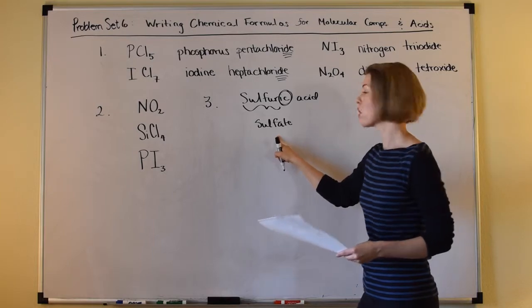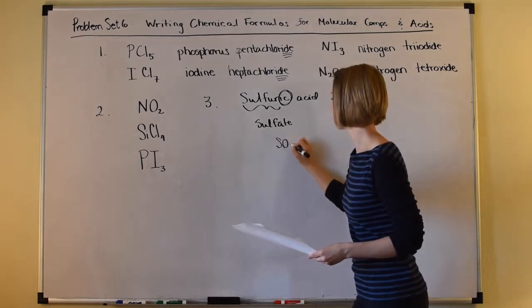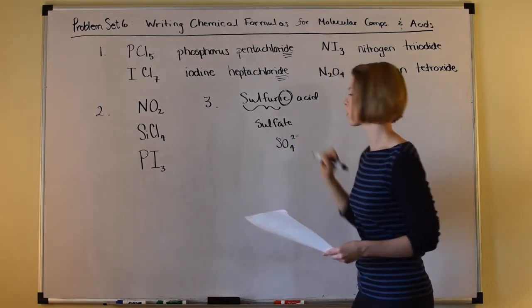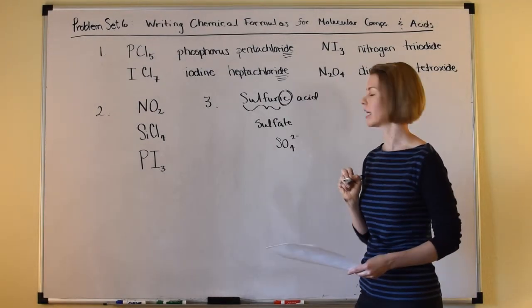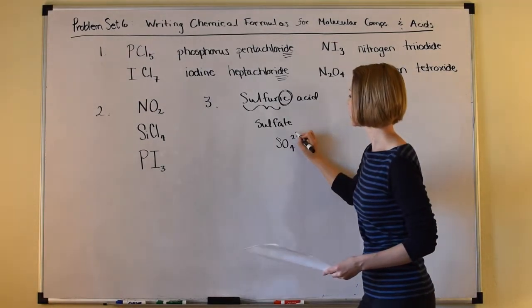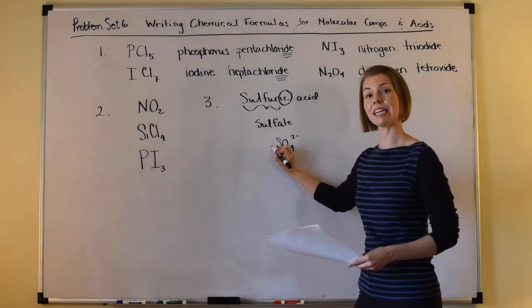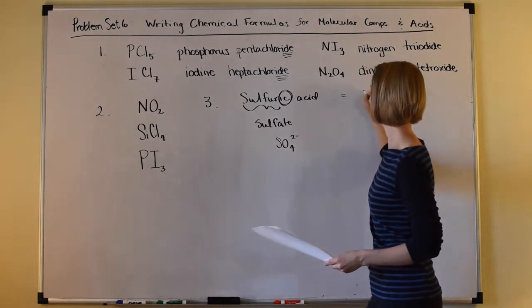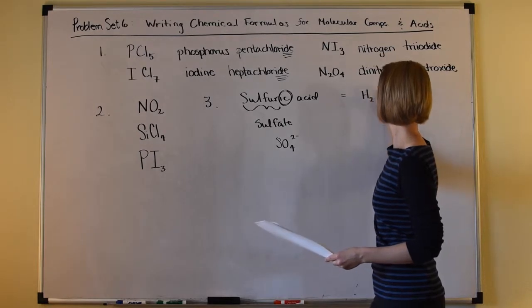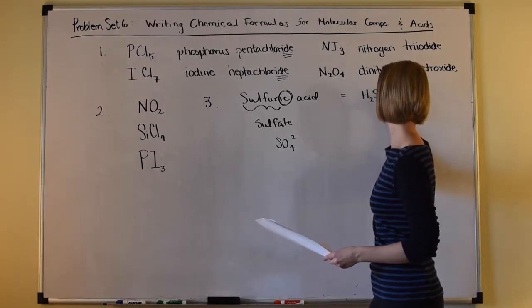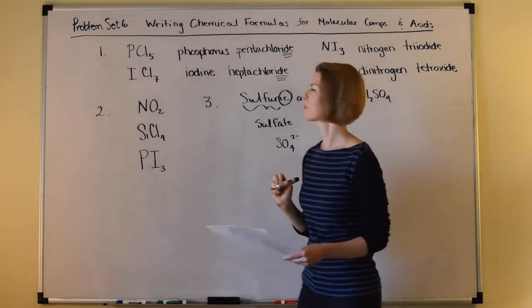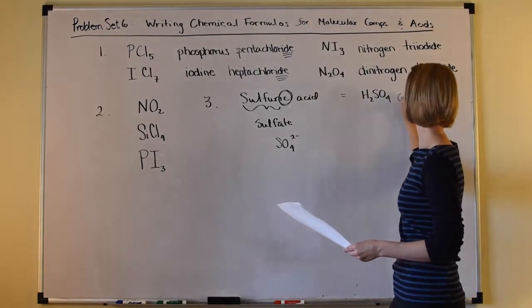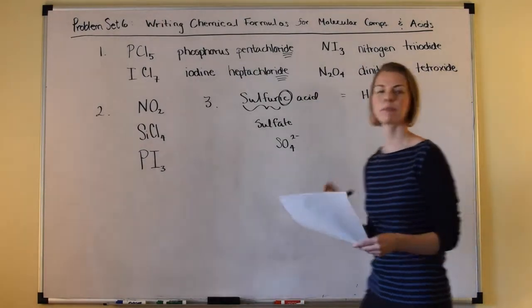So you really want to know your formula for sulfate, SO4 2-, commit those to memory, and then remember the charge is always going to tell you how many acidic hydrogen. So in this case, there are 2 acidic hydrogens, to balance out that 2 minus charge. Okay. And if you want to go ahead and write the aqueous state here, you can.